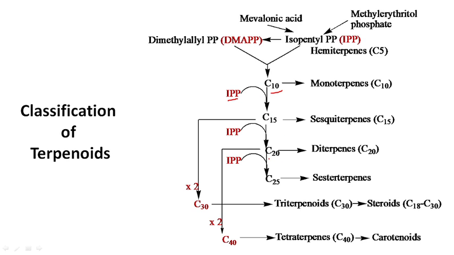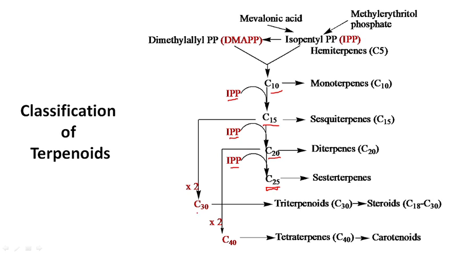For the formation of C20 terpenes, there is attachment of IPP to the C15 sesquiterpene, and a C20 derivative will be formed. For the formation of a C25 terpene or C25 terpenoid, there is attachment of IPP to the C20 derivative, and a C25 derivative would be formed.